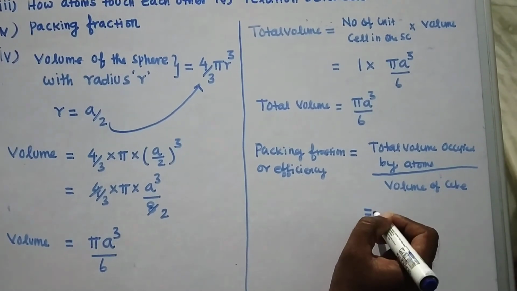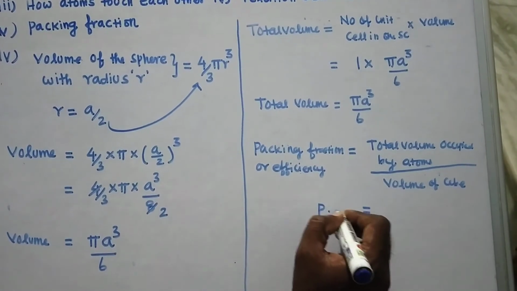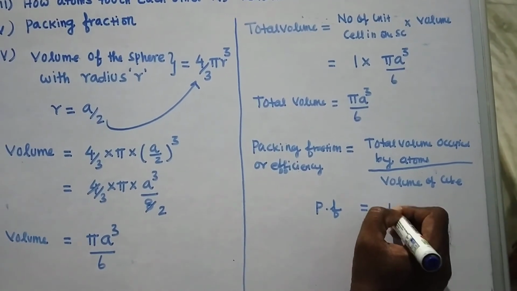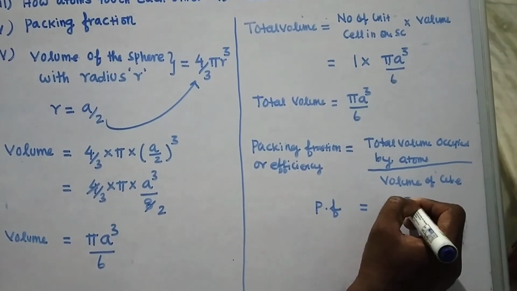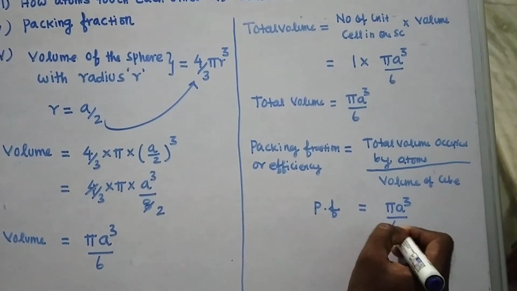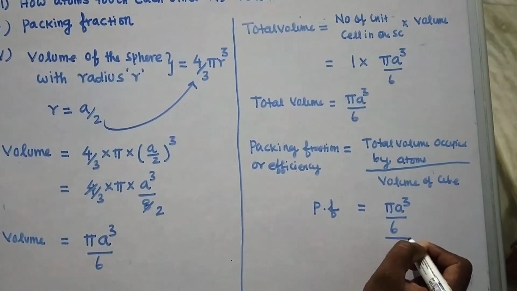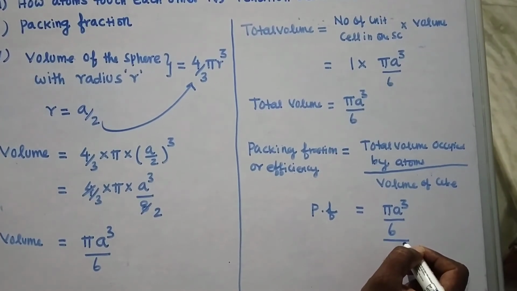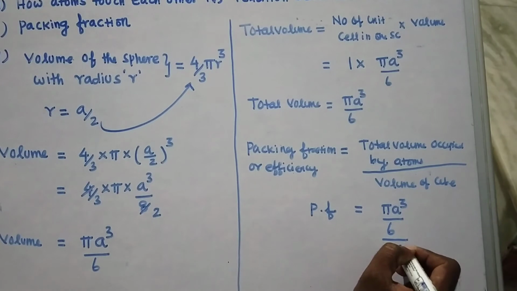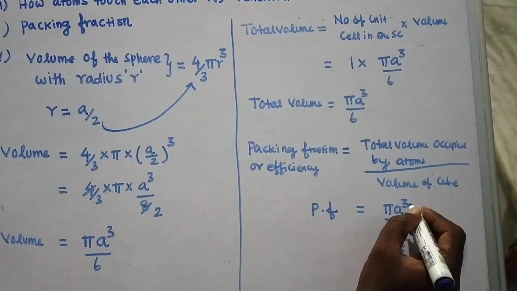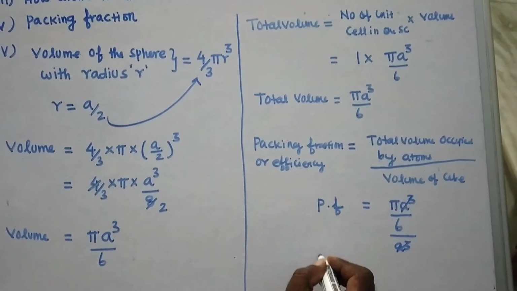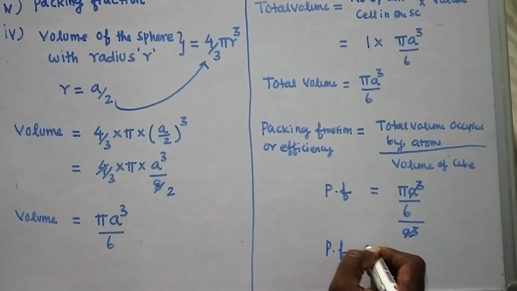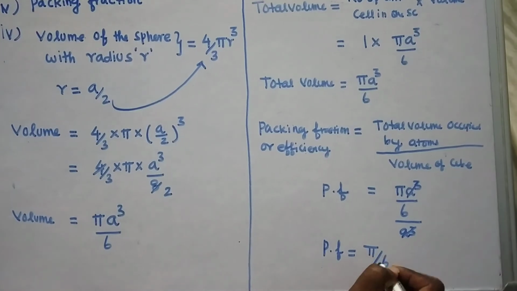The total volume, packing fraction simply PF, is equal to pi A cube divided by 6 divided by volume of the cube. It's well known that side into side into side, therefore A into A into A is equal to A cube. Then they cancel each other. Then packing fraction is equal to pi by 6.